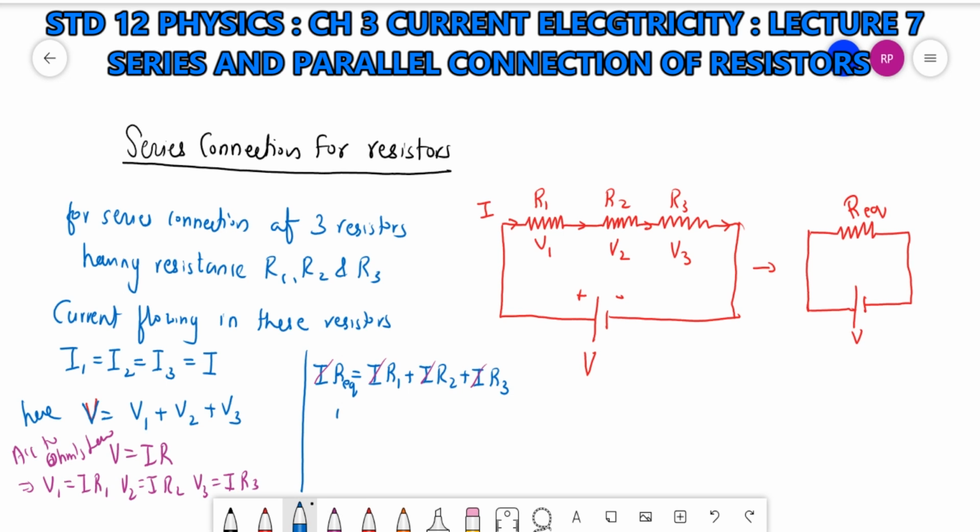So the equivalent resistance will be equal to R1 plus R2 plus R3. So if n resistors are connected in series, then the equivalent resistance will be equal to R1 plus R2 plus R3 up to Rn. Clear? So this was about the series connection for resistors. Just note it down.